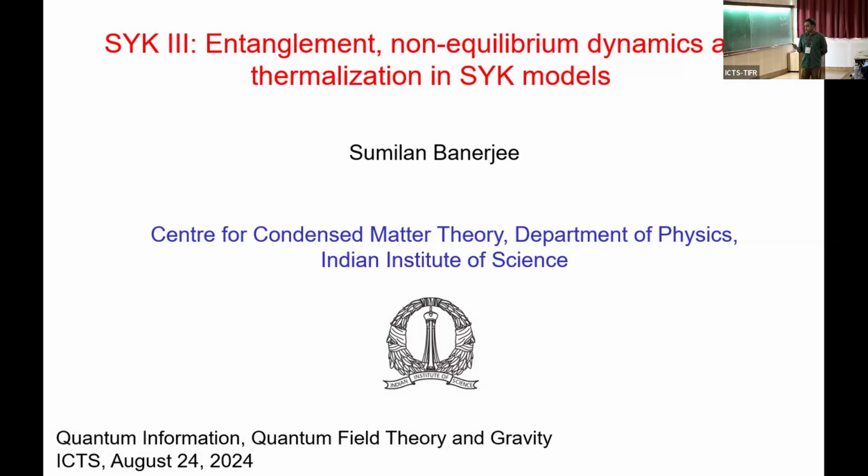Okay, so the first part of this, I'll try to discuss a very general method of calculating entanglement entropy in quantum interacting many-body systems. It's a general method, so it's not specifically limited to non-interacting systems or the SYK model. It is kind of equivalent to the Cardy-Calabrese type of replica method, so you can use it in a similar way.